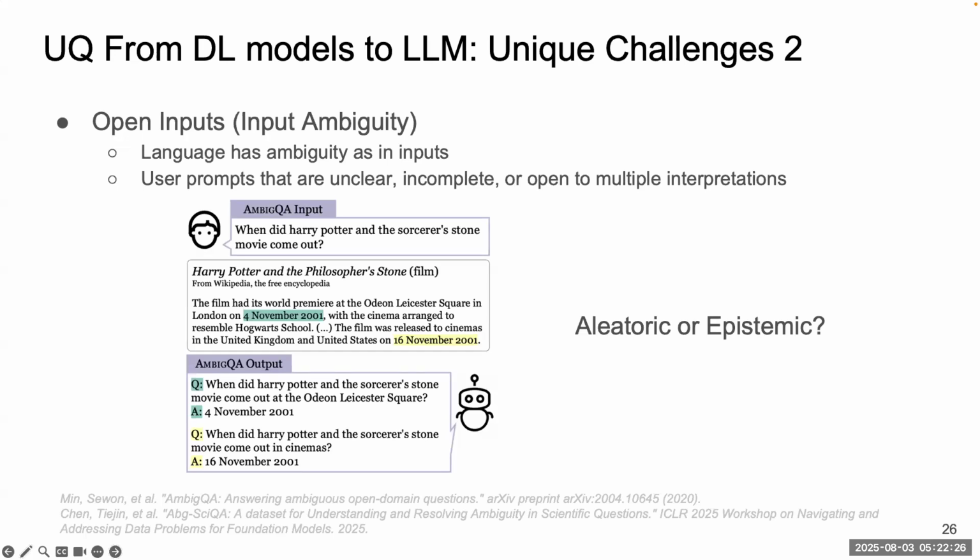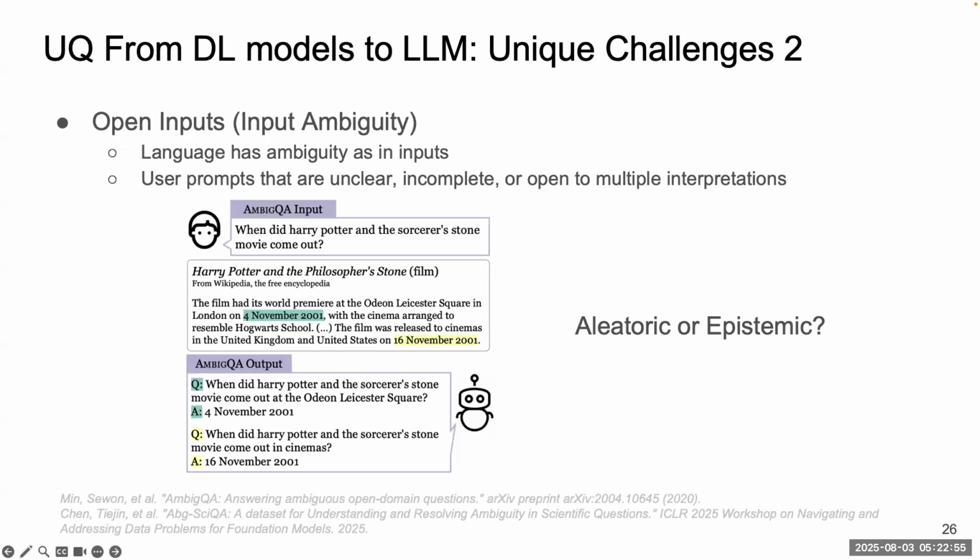Say in this example, the user asks when the Harry Potter movie came out, and seemingly it's a simple question. But if you look at the Wikipedia source, you will find it premiered in London on November 4th, 2001. But it was actually released to the cinemas in the US and UK on November 16th, 2001.